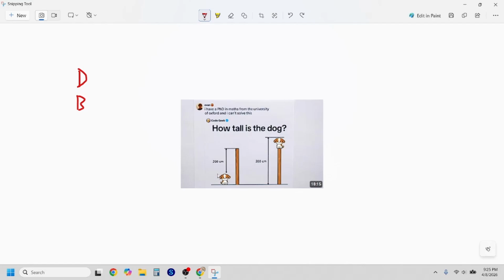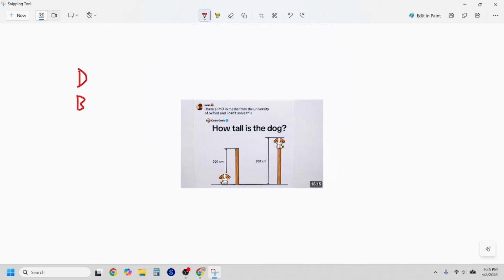But let's try that really quickly. 100 is here, and this is 200, so the height of the board is 300. And then if the board is 300 and this is 100, 400 does not equal 300. So it's not 100.